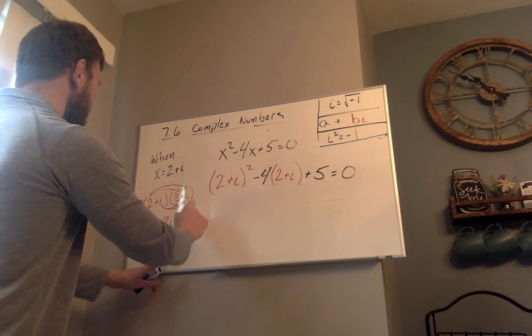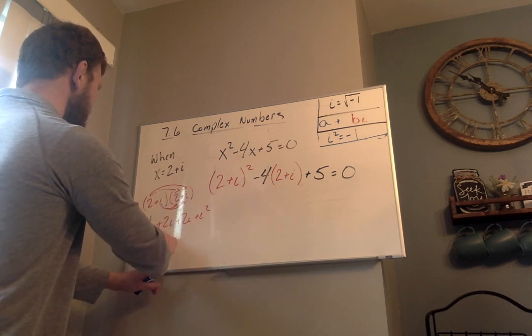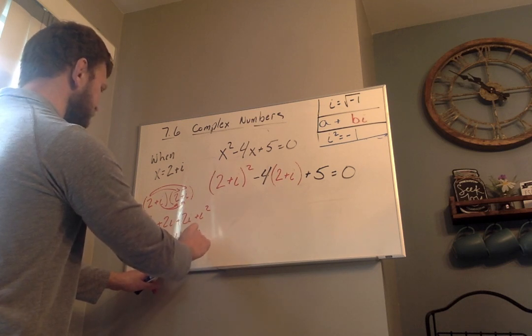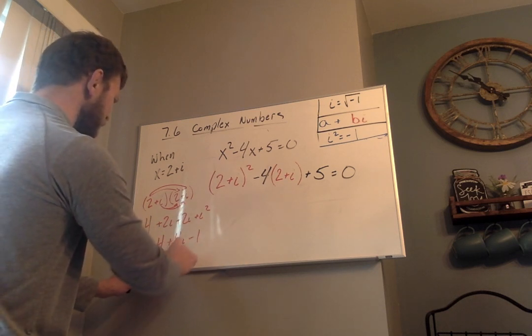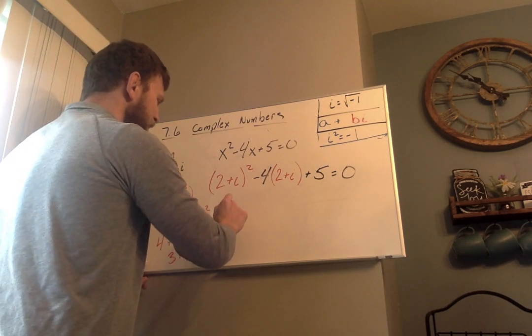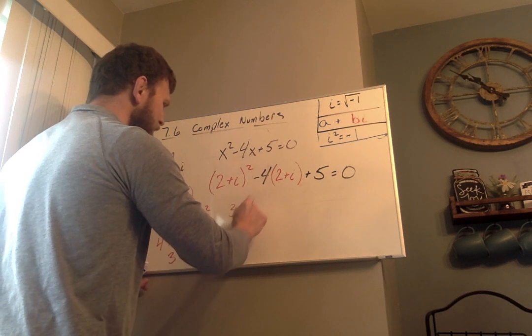And i times i is i squared. So this is going to be 4 plus 4i minus 1. So that's going to be 3 plus 4i. So I'm going to write this is 3 plus 4i.